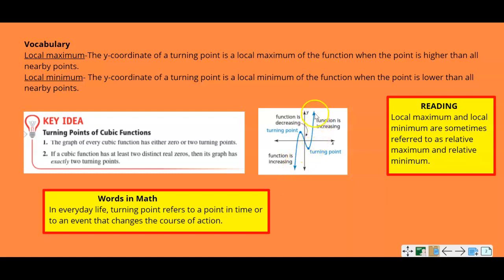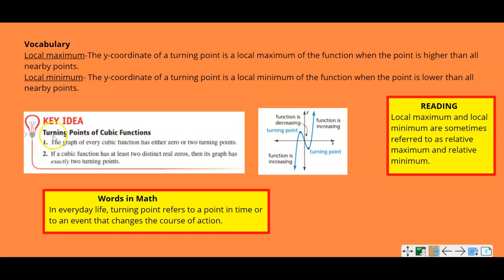It also continues forever in the positive direction. But if you're looking at just this window, this would be considered your local maximum and your local minimum, because this is the highest point on the graph here, and this is the lowest point on this graph here, other than where it goes to infinity.